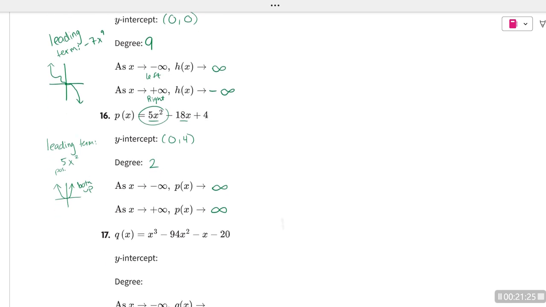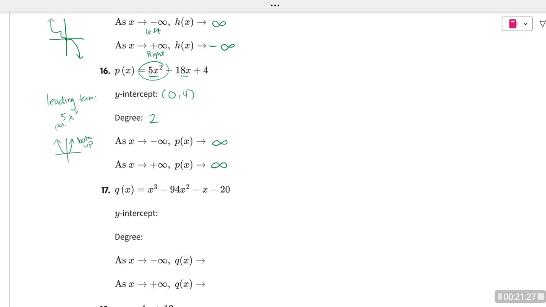Okay. Question 17. So y-intercept, I see my x terms, which means there is my y-intercept, my constant number at the end, 0, negative 20. Okay, so now let's talk about the degree. It's in standard form, so our degree is 3, right? Our leading term here is just x to the third, right?